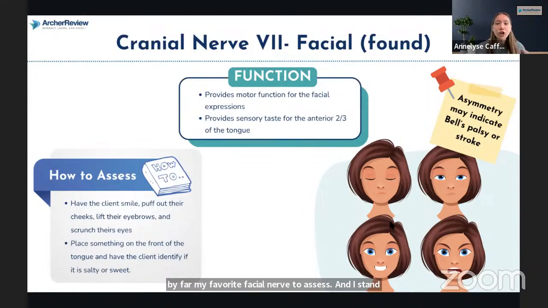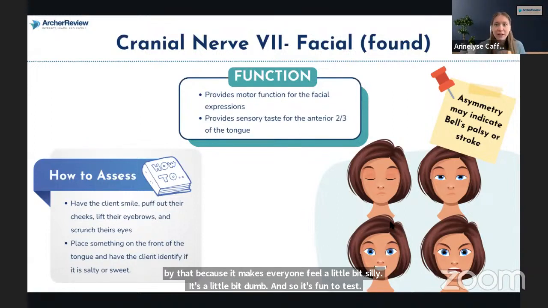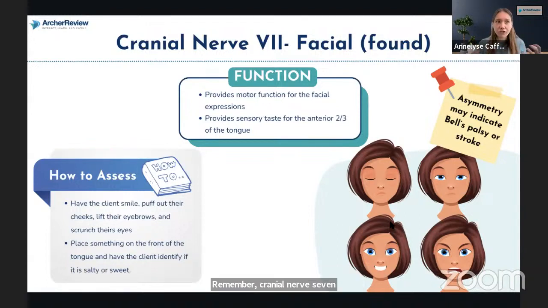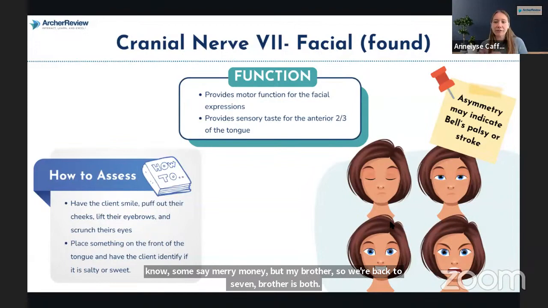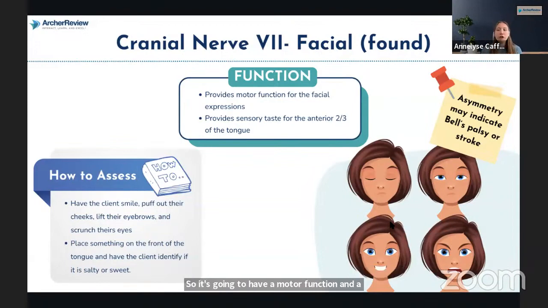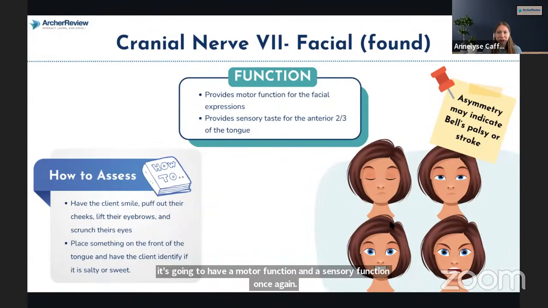Remember, cranial nerve 7, facial, is of course going to have a lot of facial functions. But if you think about this and you say, you know, some say marry money, but my brother, so we're back to 7, brother is both. So it's going to have a motor function and a sensory function once again. The motor function of cranial nerve 7 is our facial expressions.